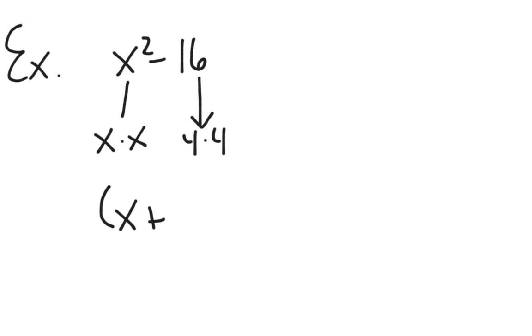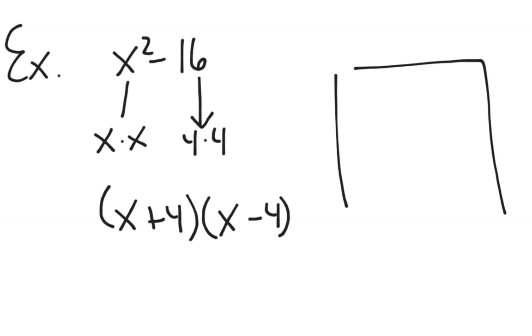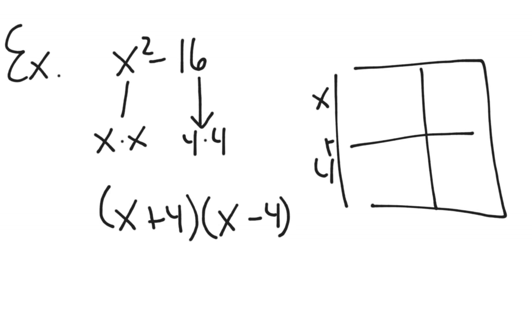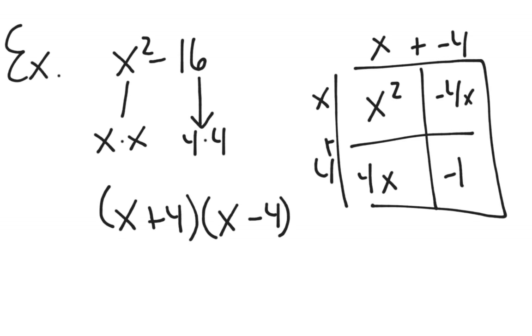for x plus 4 times x minus 4. And I can check to see that my answer is correct by again doing the multiplication and seeing if I get the binomial that I started with. So here's x plus 4, x plus minus 4, x times x is x squared, x times minus 4 is minus 4x, 4 times x is 4x, and 4 times minus 4 is negative 16.